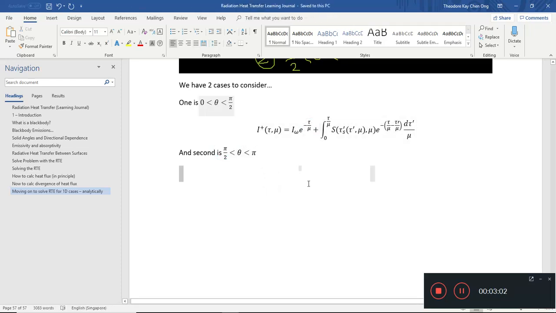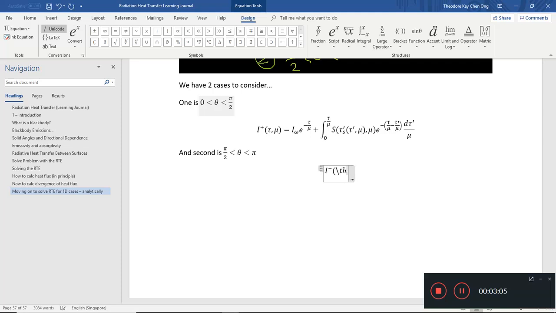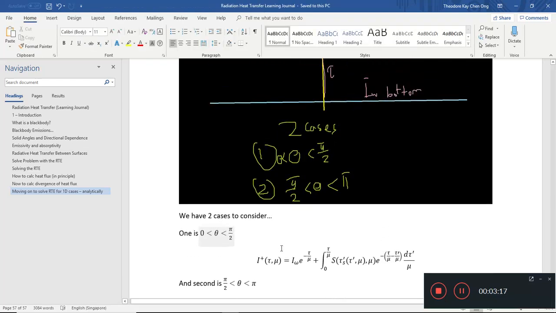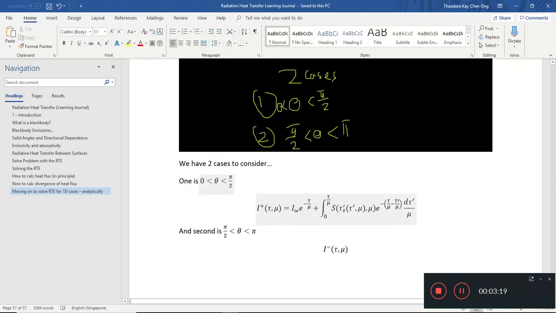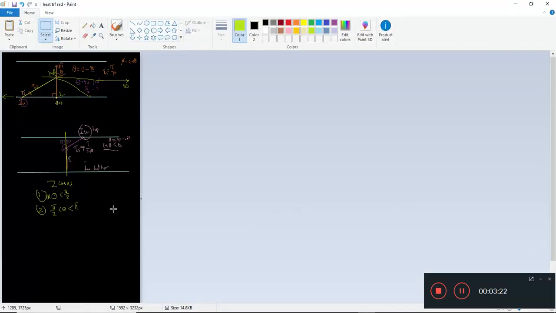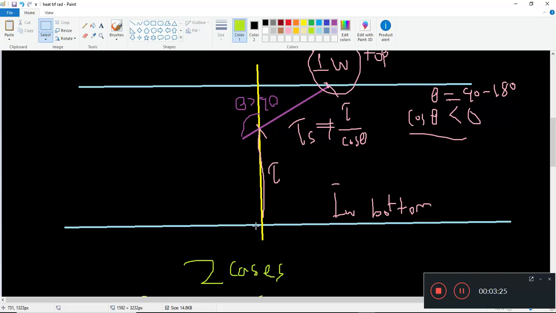For starters, we will call this I minus of tau and mu. Okay, so that's how we want to start. We can take a look at this picture we have here and start a little derivation again. We do the same thing: we consider this length here, and the corresponding projection over here.